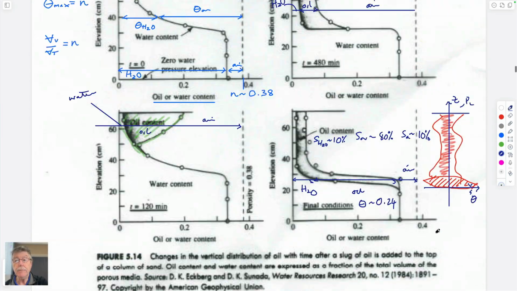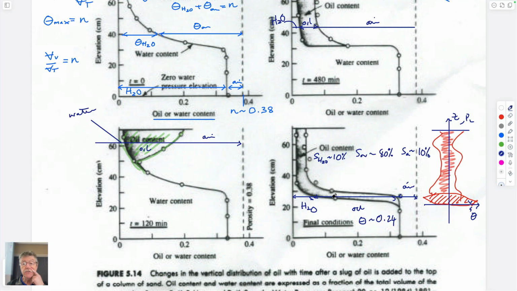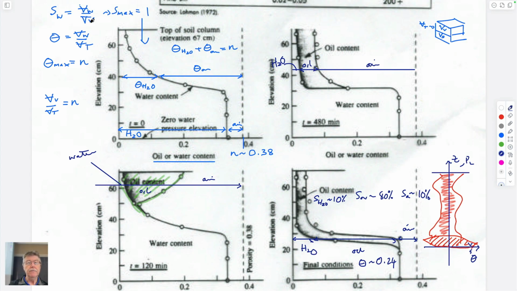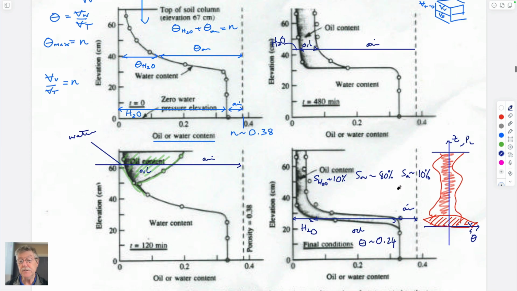We could represent these as we did here in terms of saturations or volumetric moisture contents. They're both volumetric, just that one is referenced relative to the void volume, saturation, and one is referenced to the total soil volume of a cube of soil. That's the only difference. They're both volumetric percentages, and they are saturations.